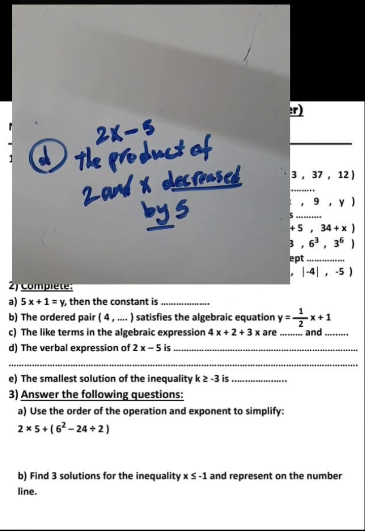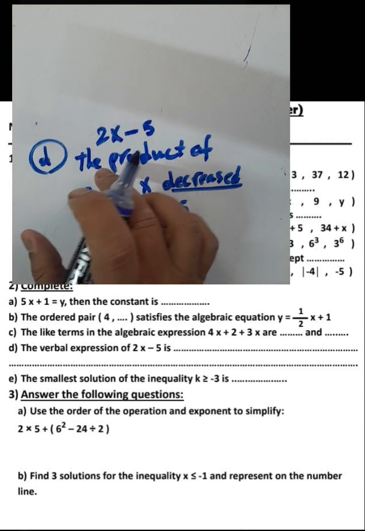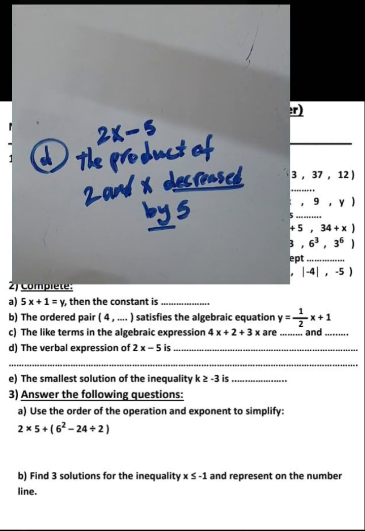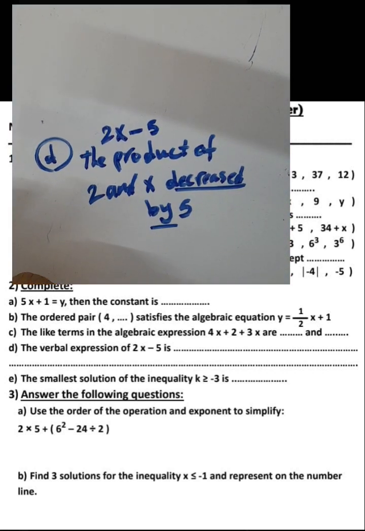Or you can write 5 less than the product of 2 and x, or 5 less than 2 times x. It was question letter D.